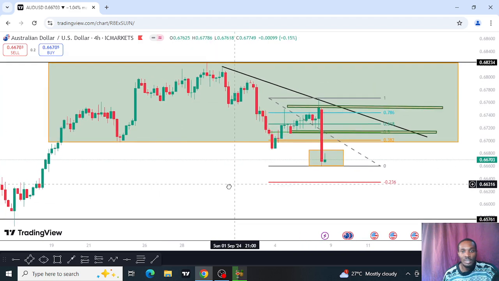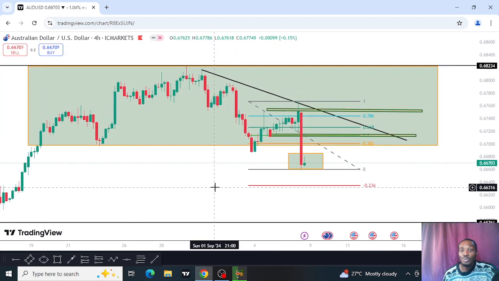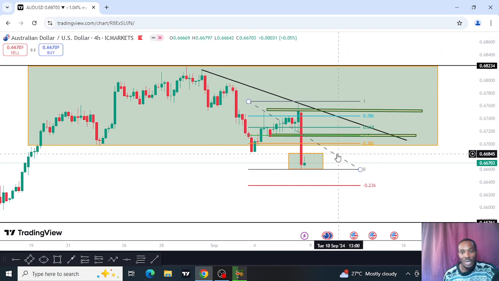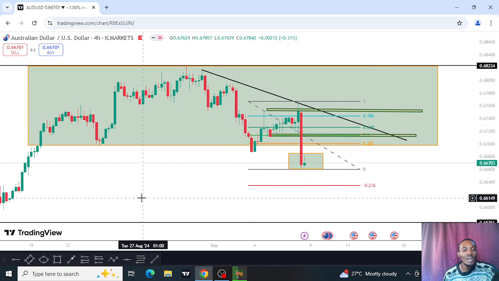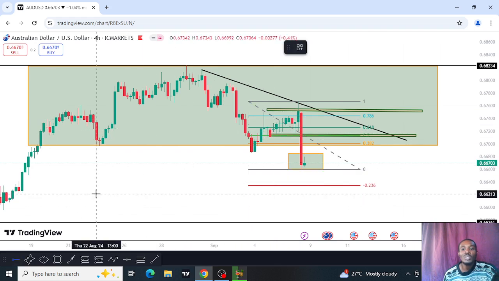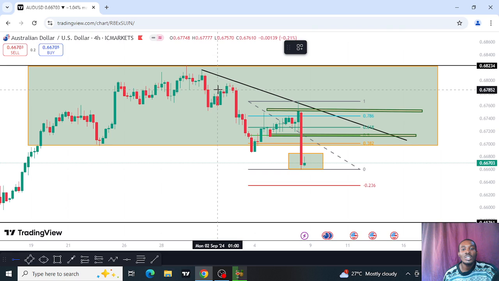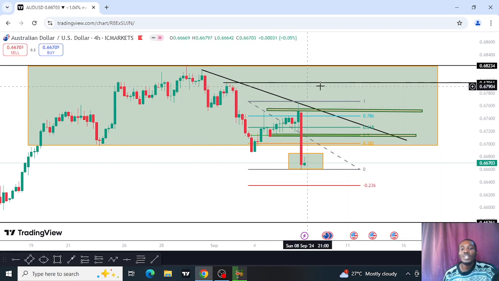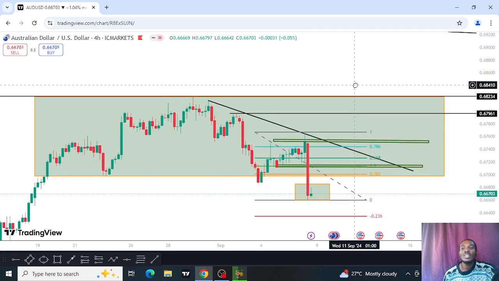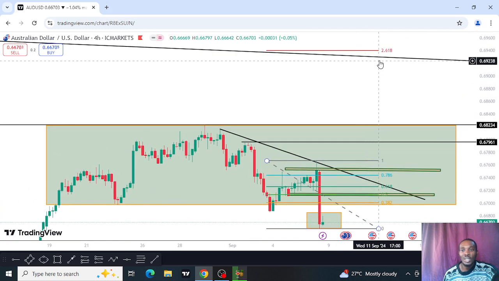But until then, anything that will make me think of going bullish is whenever price action starts trading above this level here. Whenever price action starts trading above here, automatically it's coming to take out this old resistance zone, and then it will target this trend line.